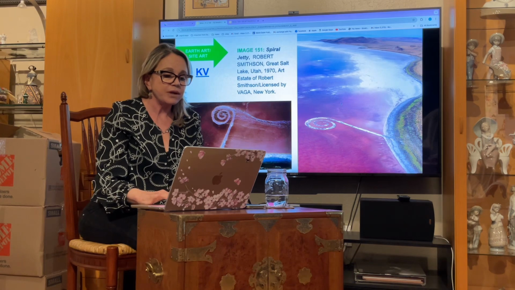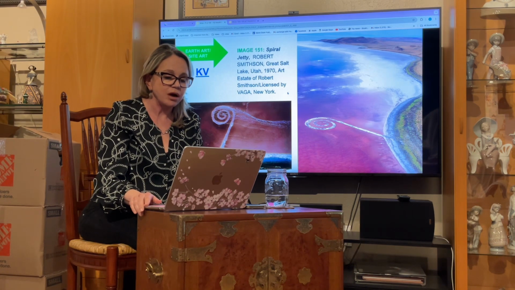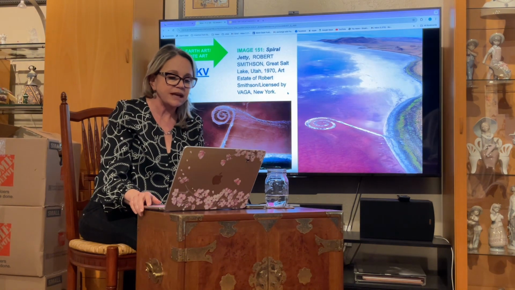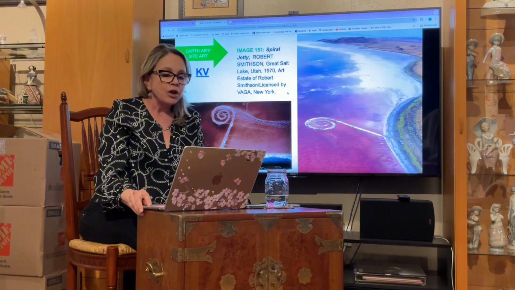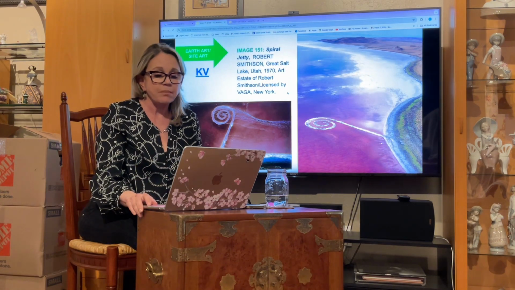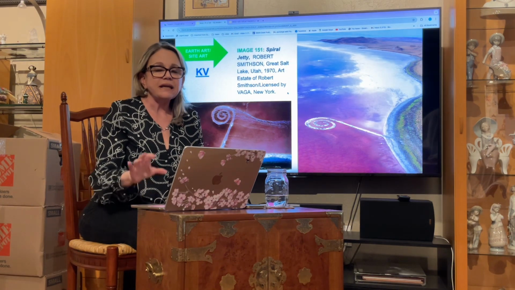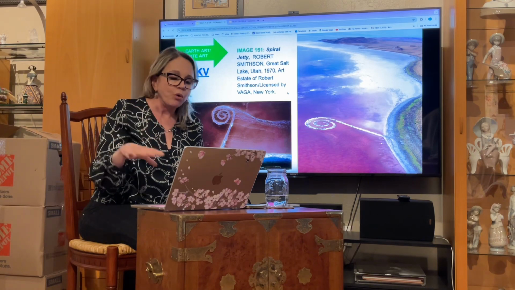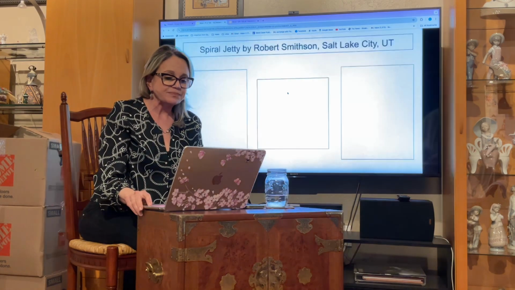This was created by Robert Smithson, and it's in Great Salt Lake, Utah. He created it in 1970. It is maintained by a group, but it's also left to morph on its own.